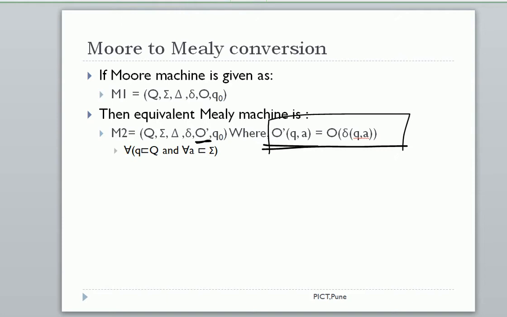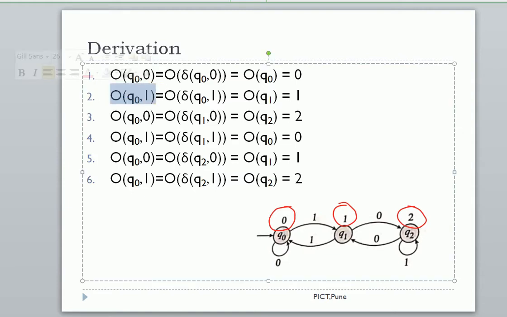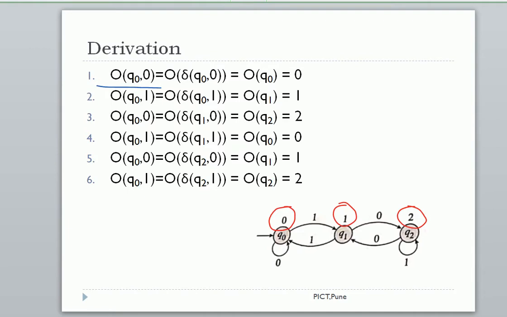This is the formula we have. Based on that, we will calculate everything. Let's start from Q0 on 0. By applying big O of delta of Q0 on 0: Q0 on 0 goes to Q0, so we write big O of Q0, the output associated with Q0.